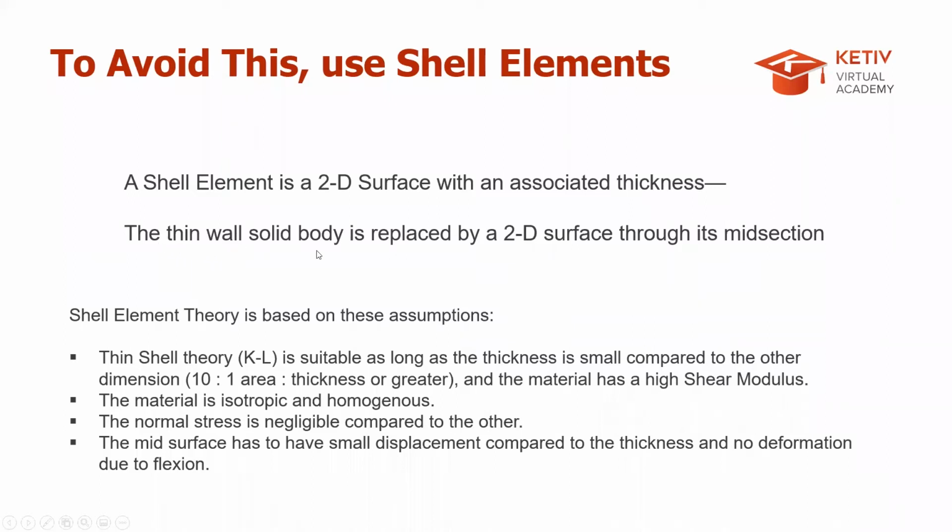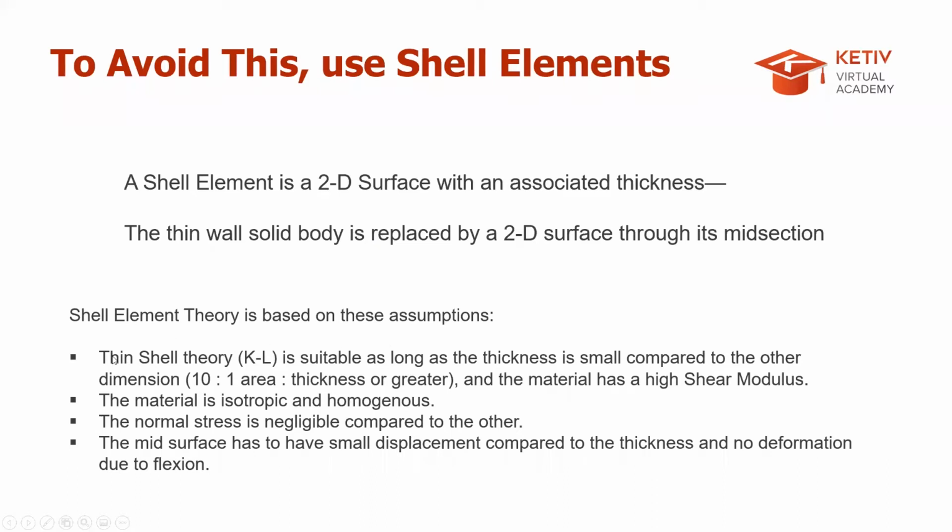And the solid body, that thin gasket layer that we were just looking at, would be replaced by a two-dimensional surface through its midsection with an associated thickness. And when we do that replacement, we're now creating a different kind of element in the finite element analysis model. And these elements, called shell elements, are based on these assumptions.